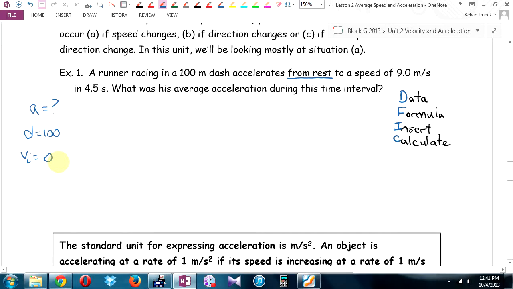And then I see a 9. What's that 9? What are the units right next to it? It's a velocity, which has got to be final velocity. And then I see a 4.5. What's that 4.5?